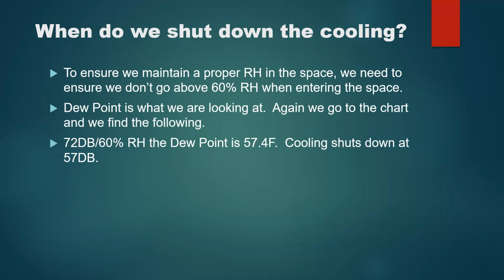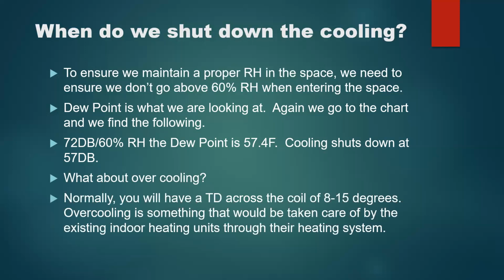One thing people worry about is overcooling the space if you're cooling down to that. But if you have a little product called the RCCD in place, you can set your bottom on your unit, and as it starts to get down to that point, it'll start unloading. What we've seen about overcooling is that normally the TD across the coil is 8 to 15 degrees.